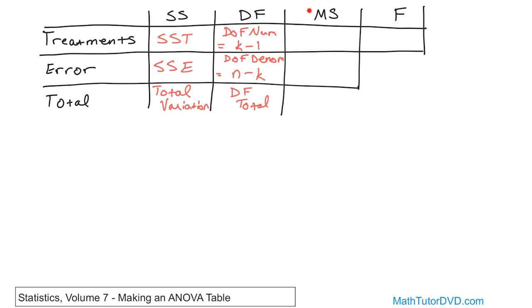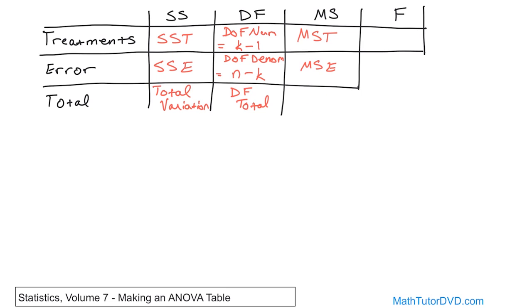Then you go over here, MS, that's the mean square. So MST is what you would write down here, the mean square among treatments. And then MSE is the mean square of errors. Typically, you don't add these numbers together because total variation is actually defined to be the sum of these, so we write it down there.